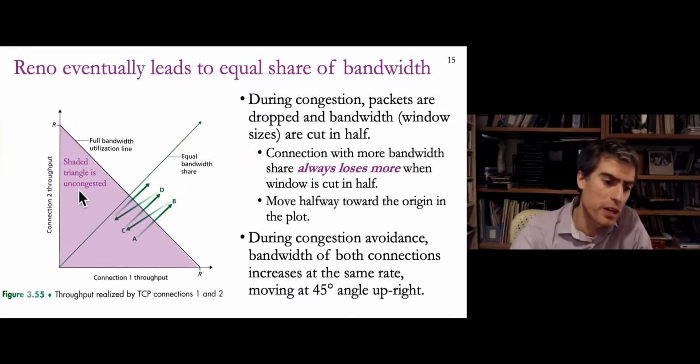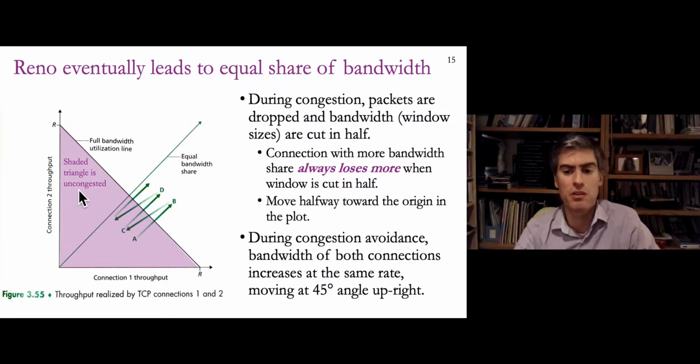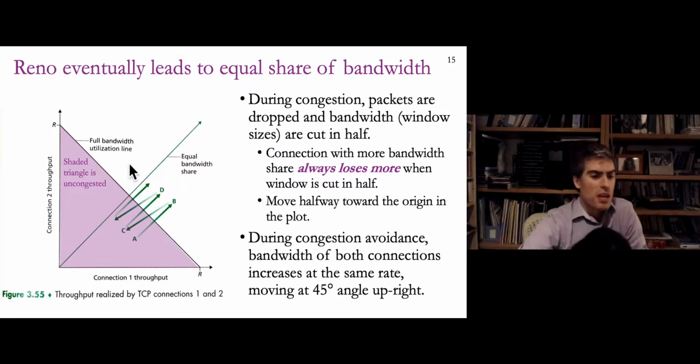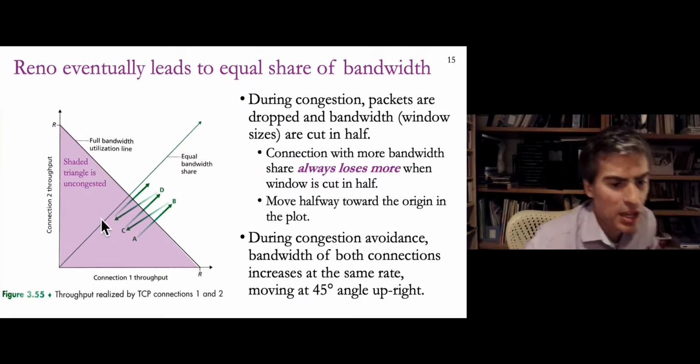If you have a point in here where both the X and the Y value are increased by a constant, what that means is that you're moving precisely at a 45-degree angle to the upper right. Okay, because both the X and the Y position increase by the same amount. So all the upward arrows here are showing that. So they're exactly moving upright at a 45-degree angle. So wherever you start, what you have is a combination of movements upright at 45 degrees, and then once you cross the line, movements back toward the origin halfway.